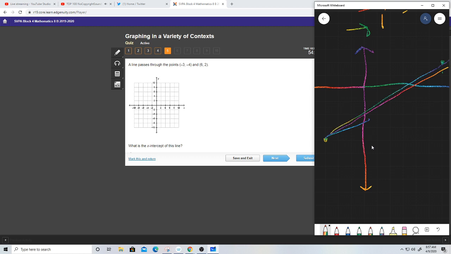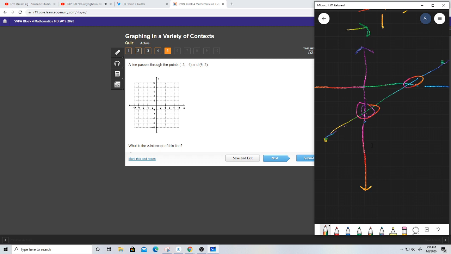I don't think that's gonna work. We can make a guess, but I don't know if we can actually say, oh, I think it's right here. Because it looks like it's right there. But is that 1, 2? Is that negative 2?